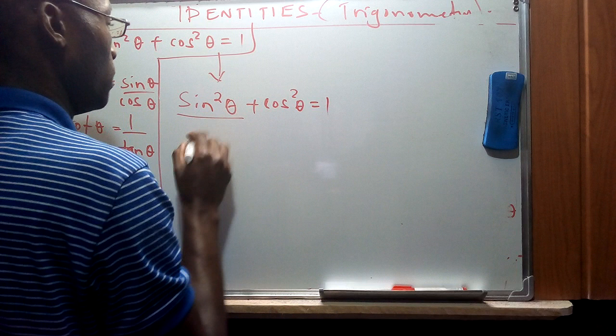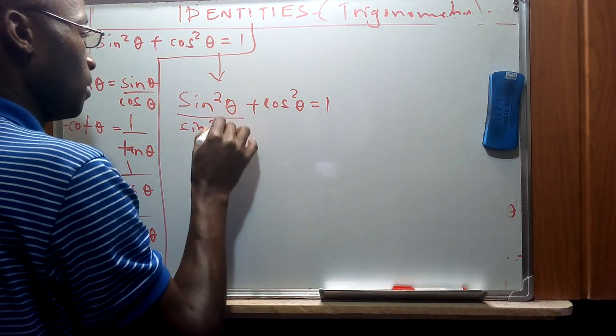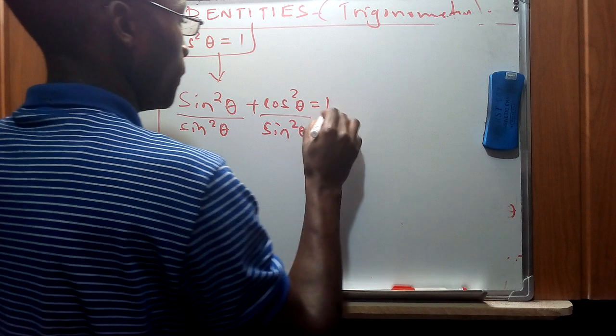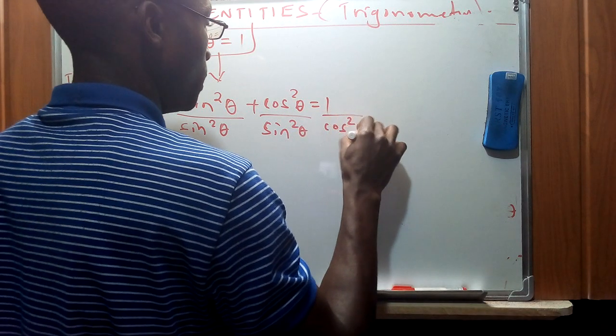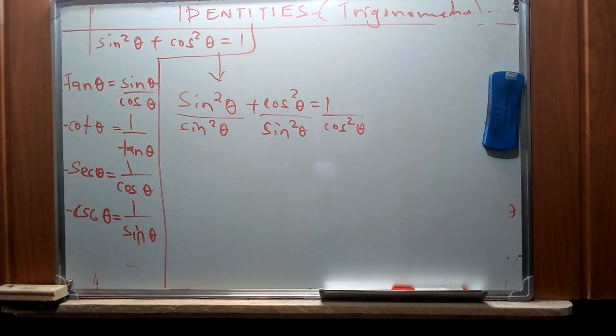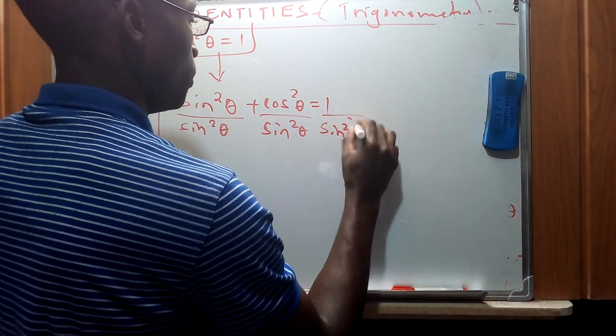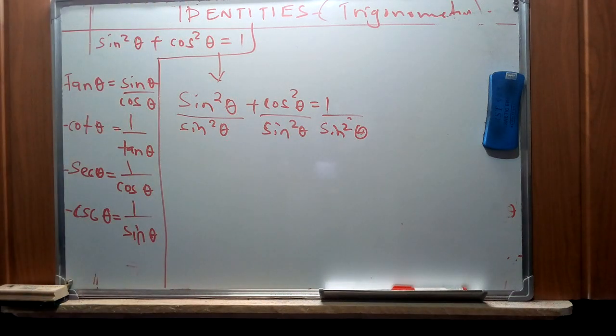So I divide both sides by the sine squared of theta. We said whatever you do on the right, you do on the left, so that you do not interfere with the value of that expression, so that it is mathematically correct.